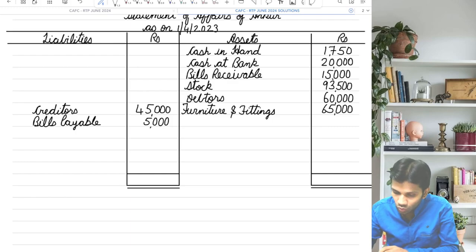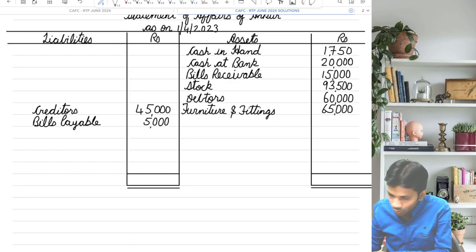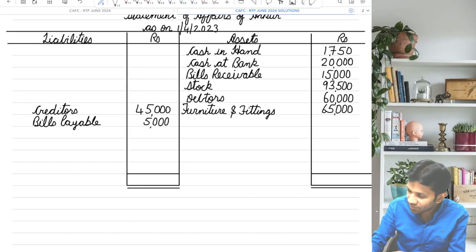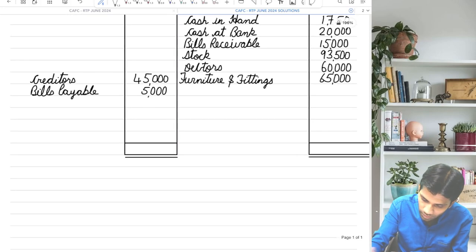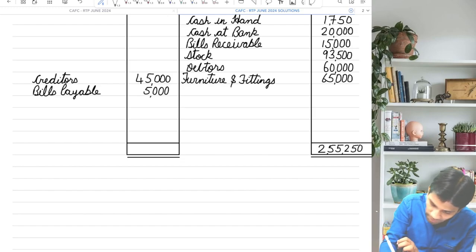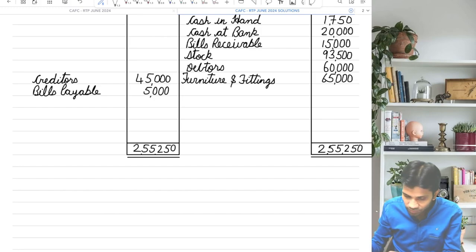Let's continue the totaling part. 1,750 plus 20,000 plus 15,000 plus 93,500 plus 60,000 plus 65,000. This is 2,55,250. Same total here. Minus 45,000 minus 5,000.